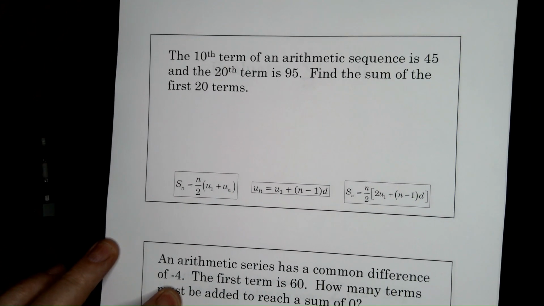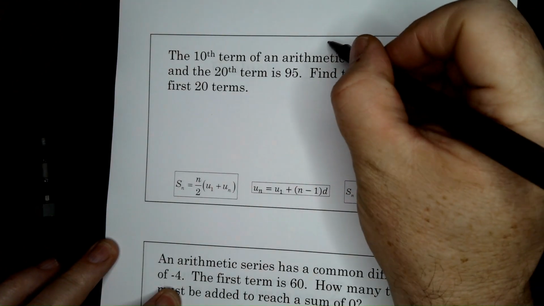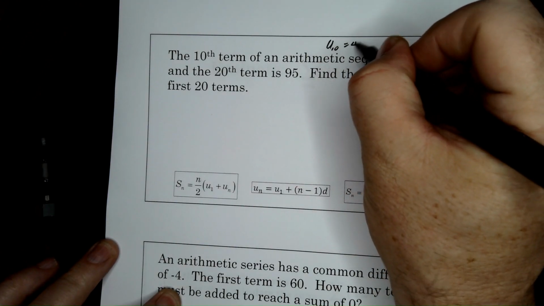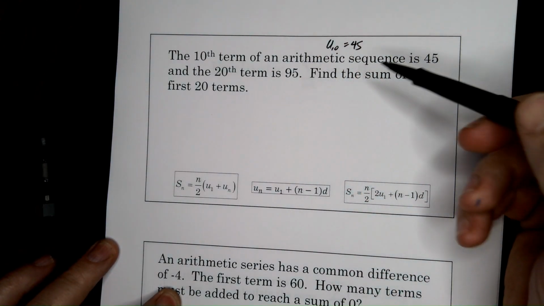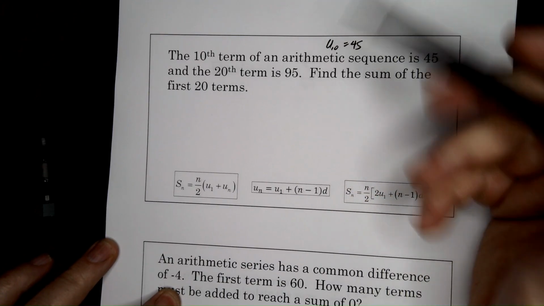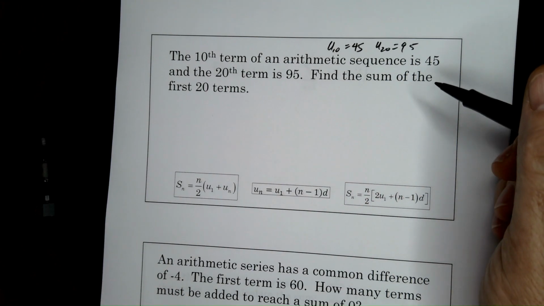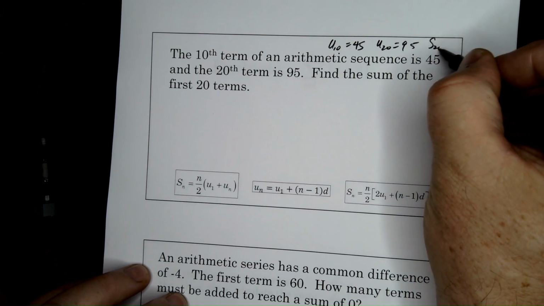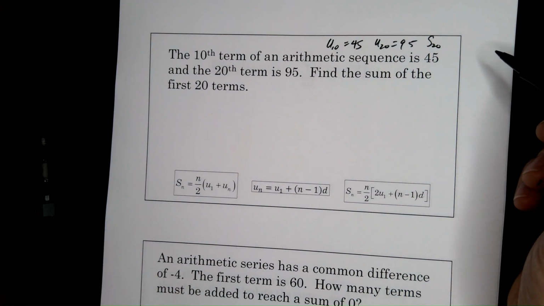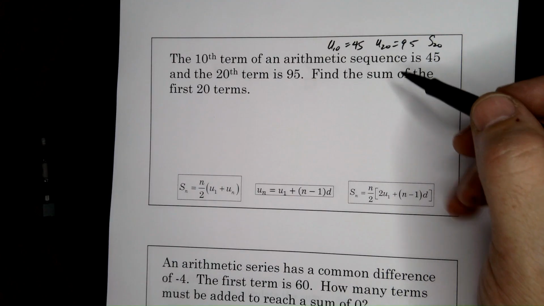The 10th term of an arithmetic sequence is 45. So U10 is 45. Do you see how as I'm reading it, I'm making some sense of it too? And the 20th term is 95. And we have to find the sum of the first 20 terms. Okay, this one's similar to the last.